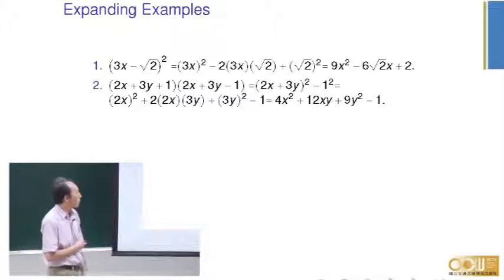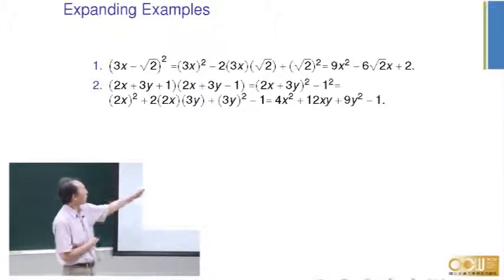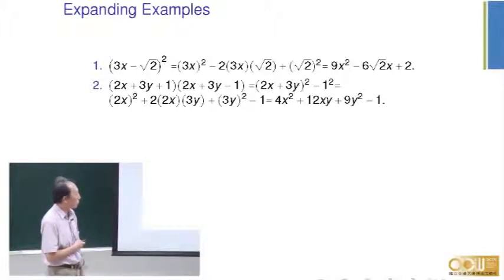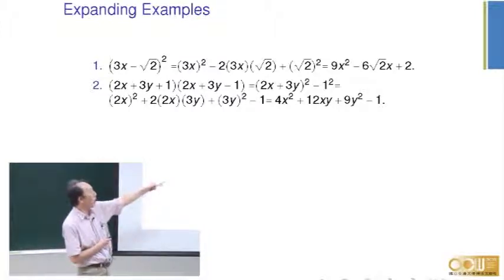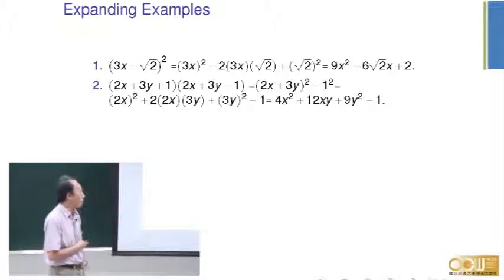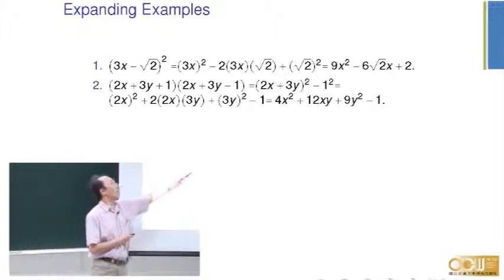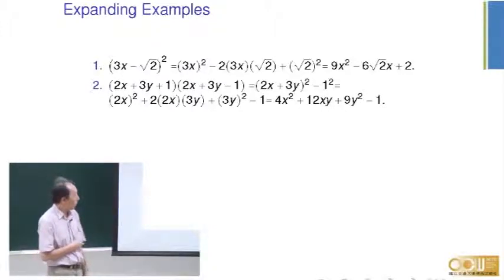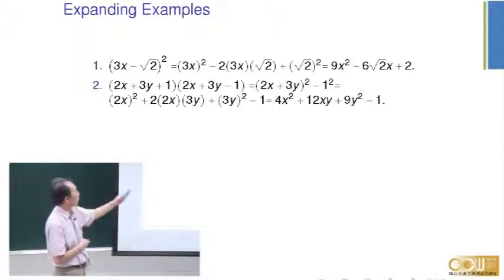I can use, so all of them have different quantities. So I'm going to use the difference of two squares identity for this, which becomes 2x plus 3y squared minus 1 squared. And next, I'm going to expand the first term using the square of sum identity, which becomes this.